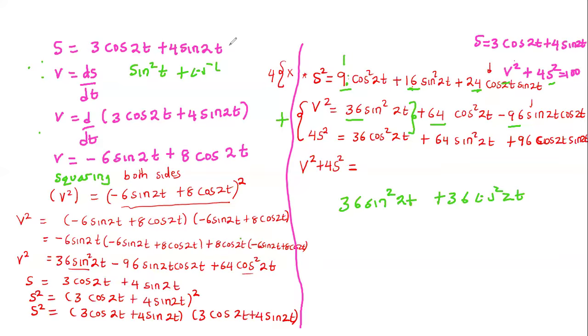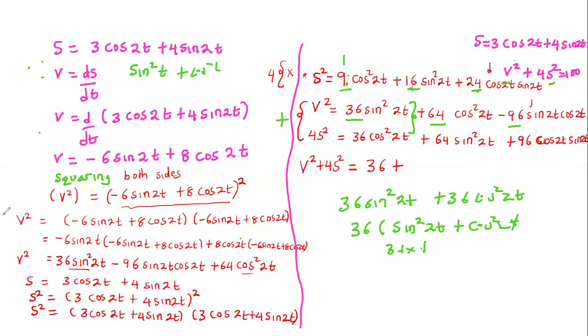People are saying the 36. Perfect. There is a 36 there. So I'm going to bring here 36 plus, what about 64 cos squared t plus 64 sine squared t? Those who are not visualizing it, factorize out the 36. When you factorize out, you get sine squared 2t plus cos squared 2t. So sine squared t plus cos squared t is 1. So you get 36 times 1, which is 36.